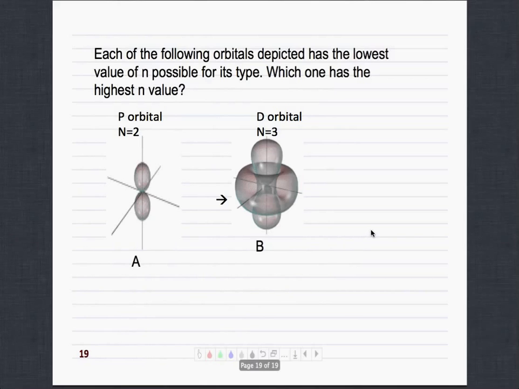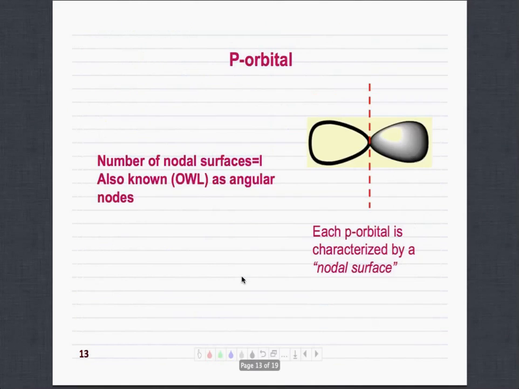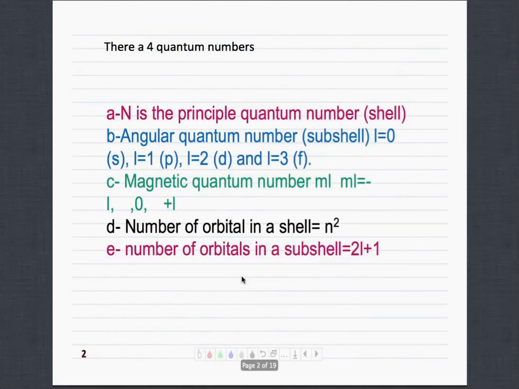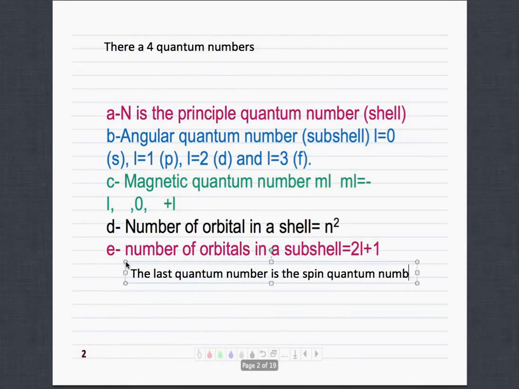The last one is the spin quantum number, and it tells you that if we have 2 electrons in the same orbital, they're going to have a different spin. ms can take a value of either plus half or minus half, and all that's saying is one is spinning opposite to the other. So that's ms, the spin quantum number.